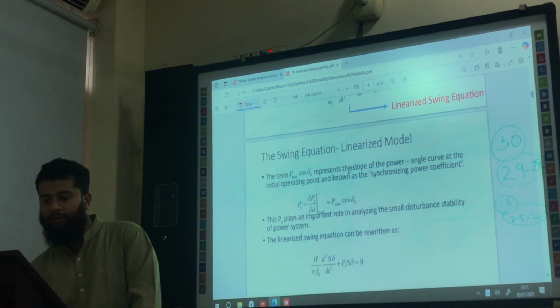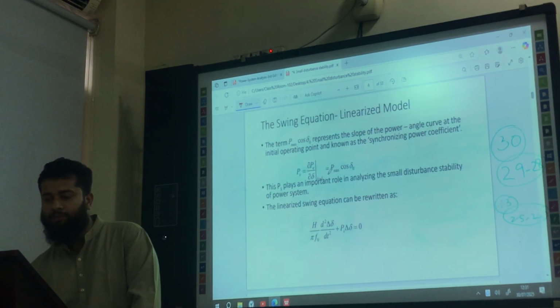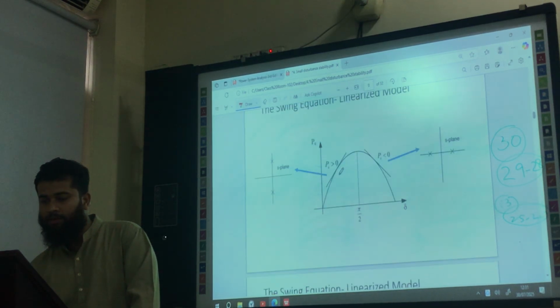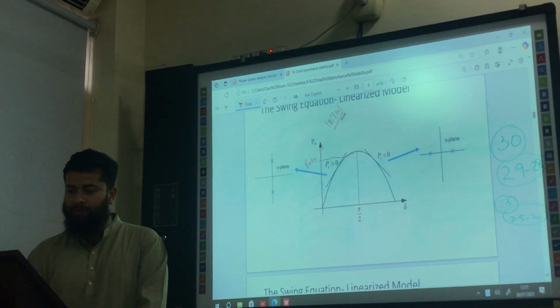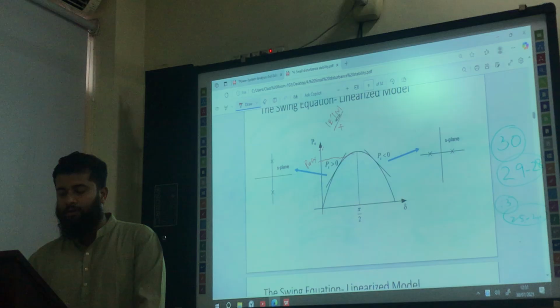Ps was the slope of our power angle curve, right? Pmax was... what is the Pmax? This is actually the Pmax, right? Then we can write it as magnitude of E prime times magnitude of V over X, right?